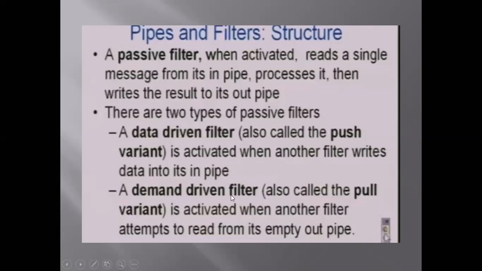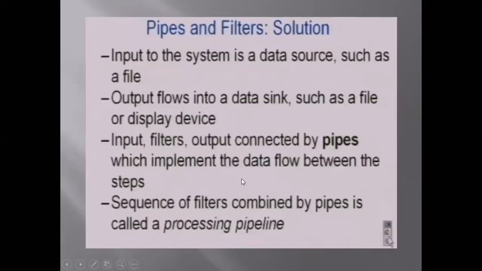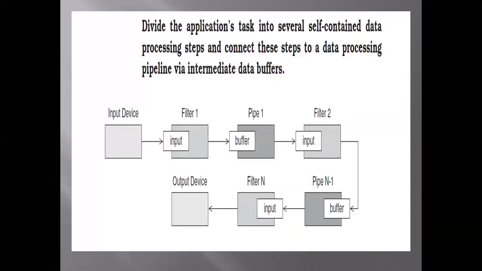And the other is the demand-driven filter. It is activated when another filter attempts to read data from its empty output pipe. Let us see this with the diagram. If you consider this to be a passive filter, it will not have its own thread of control.